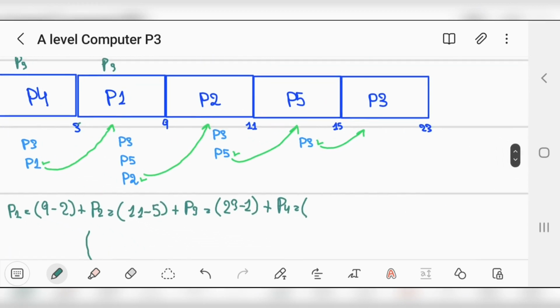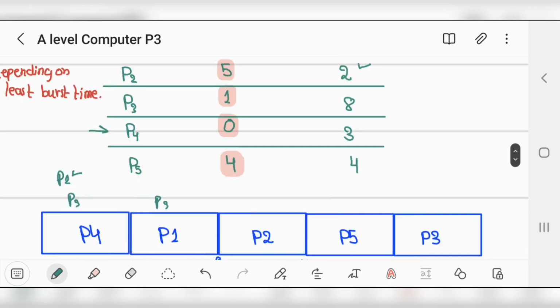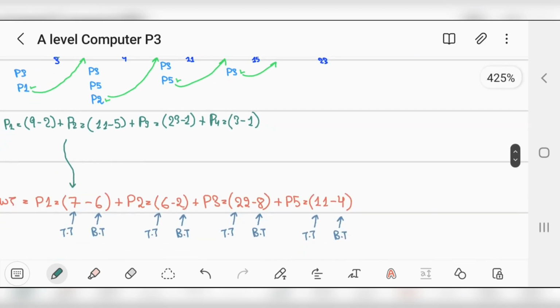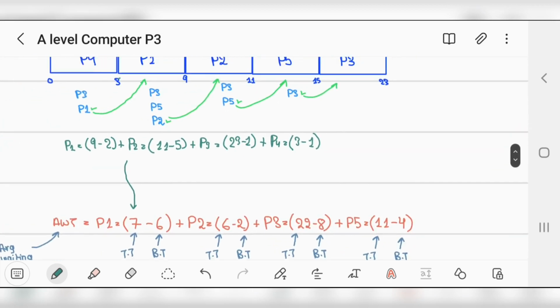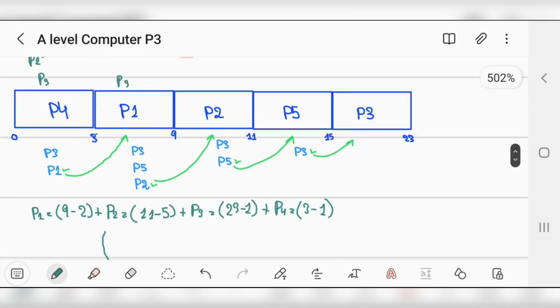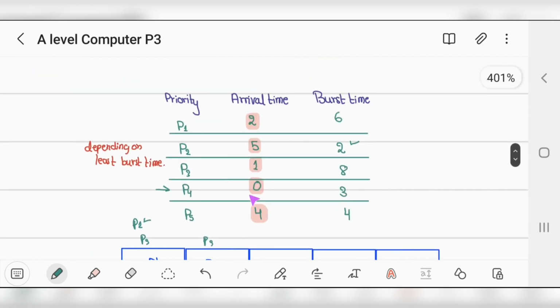P4 took 3 seconds to complete this process, so it is 3 minus its arrival time. And for P5, it took 15 seconds to complete this execution. 15 minus the arrival time, which is 4.